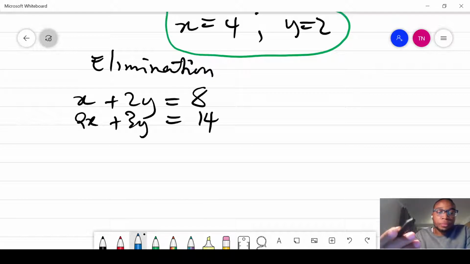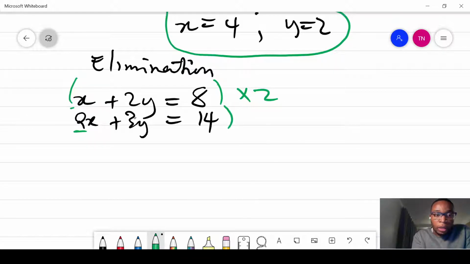So we do the same thing that we did earlier. The factor here is 2. The factor there is 1. So we're going to multiply the whole of the equation at the top by the factor multiplying x at the bottom, which is 2. And we're going to multiply the whole thing at the bottom by the factor multiplying x at the top, which is 1.